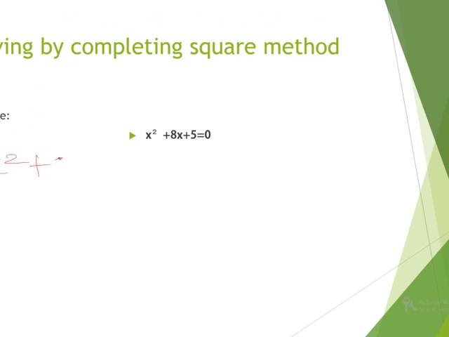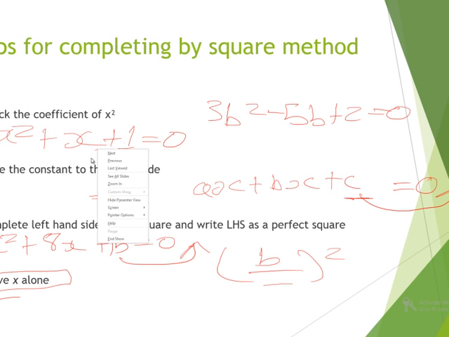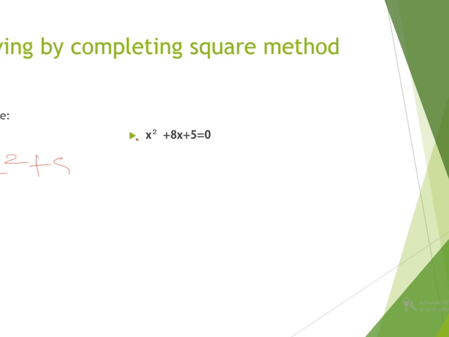So we have x squared plus 8x plus 5 is equal to 0. Here we move 5 to the other side, and we take 8 divided by 2 squared, which is 4 squared, which is 16.